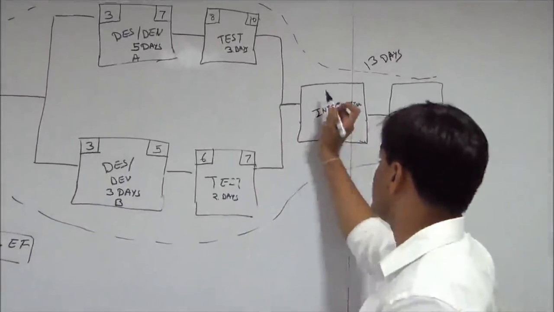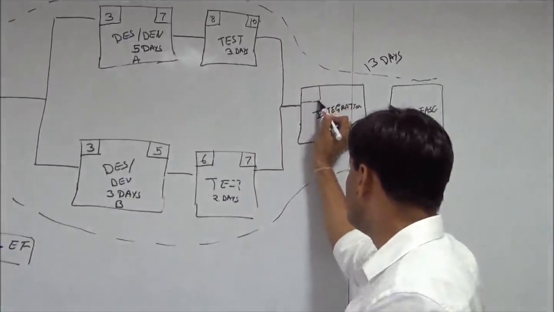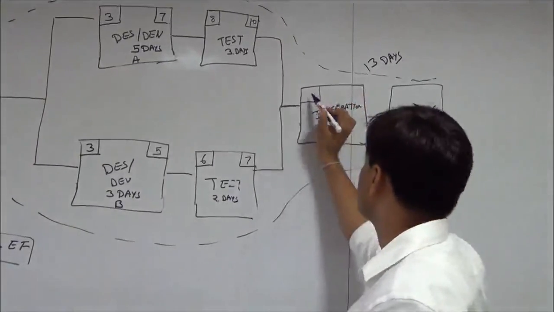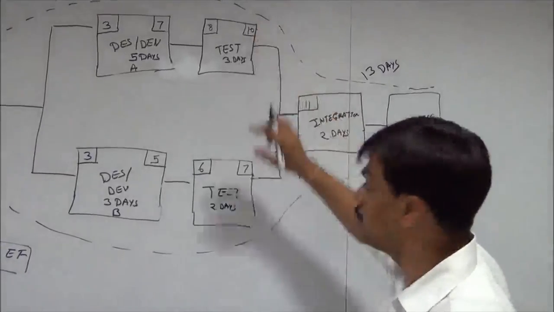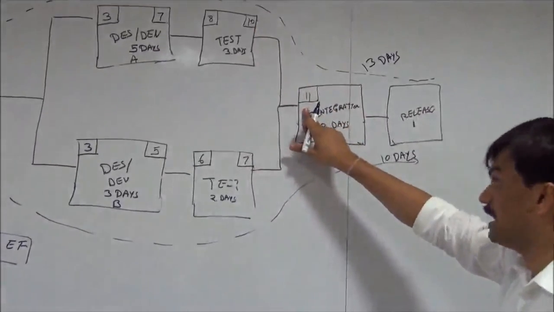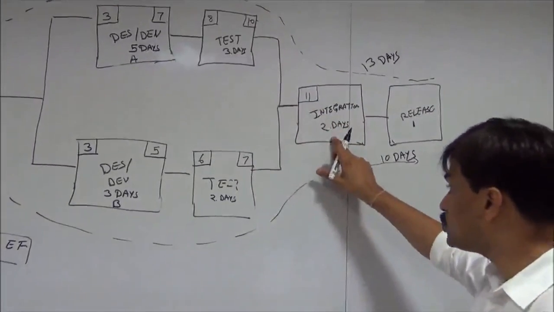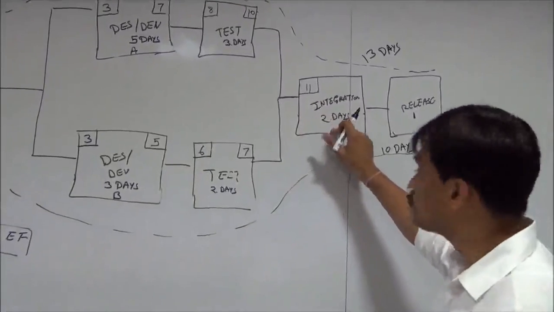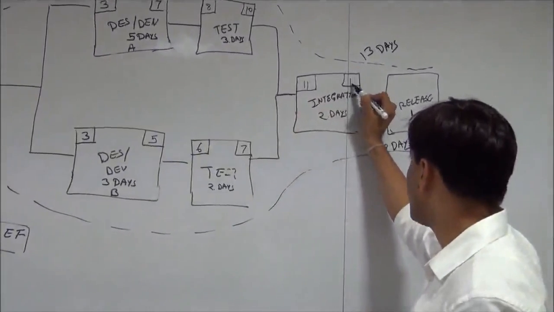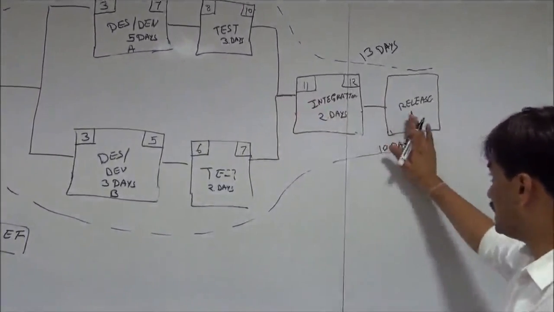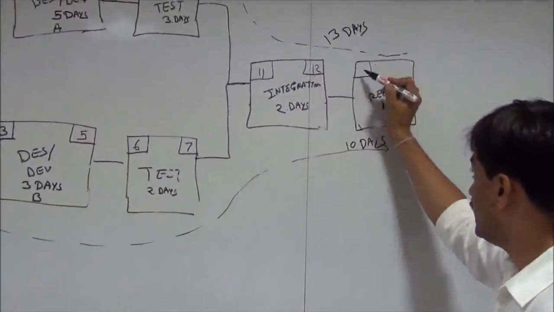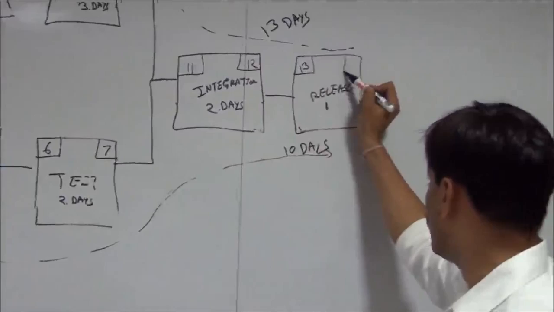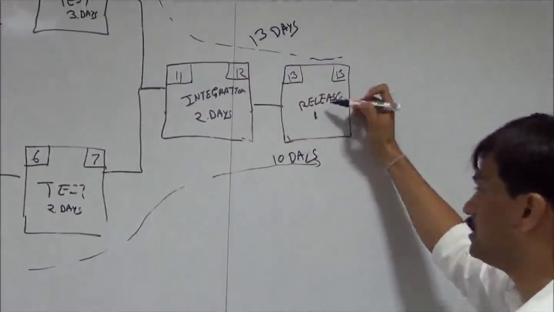So for integration, my early start would be day 11, 10 plus 1. I have to take the maximum of these two. On the 11th day I will start, and since I have a duration of 2, 11 plus 2 is 13, minus 1, so on day 12 I will finish. The release starts on day 13 and finishes on day 13 because it has only a 1 day duration.